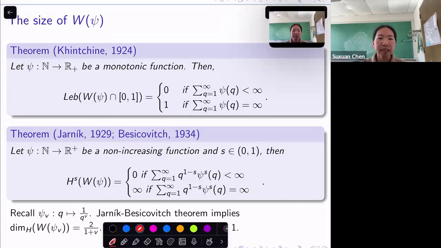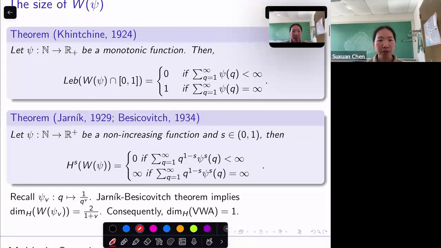diverges. And furthermore, we have the Jarnik-Besicovitch theorem. This theorem was proved by Jarnik and Besicovitch independently. Let psi be a function from N to R plus, and we also assume that it is non-increasing, and let s be a number between 0 and 1.